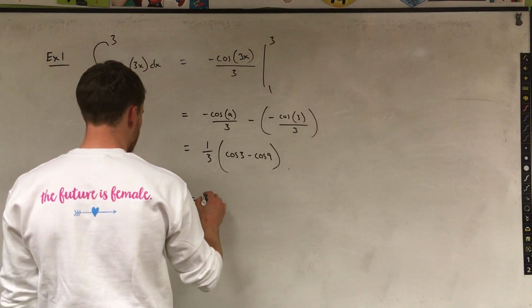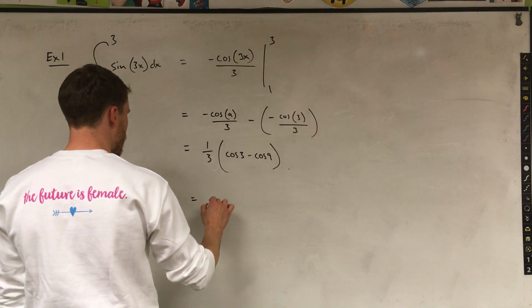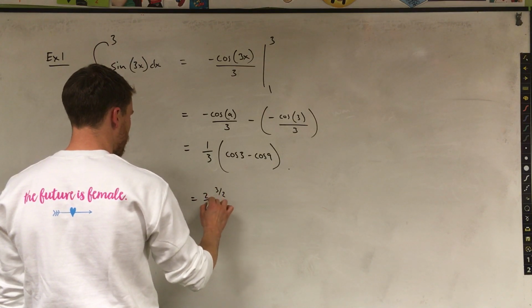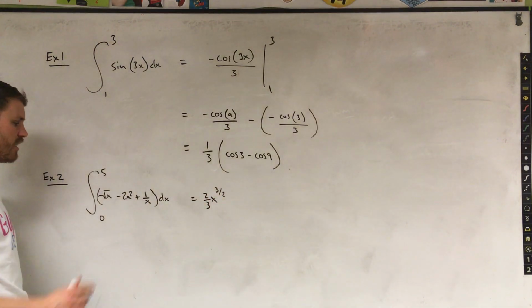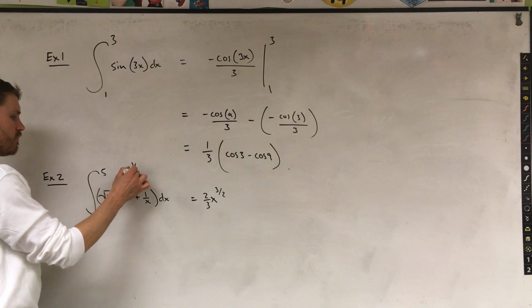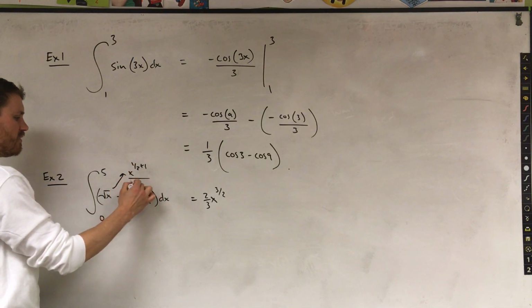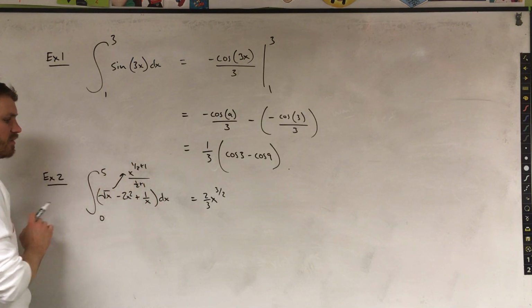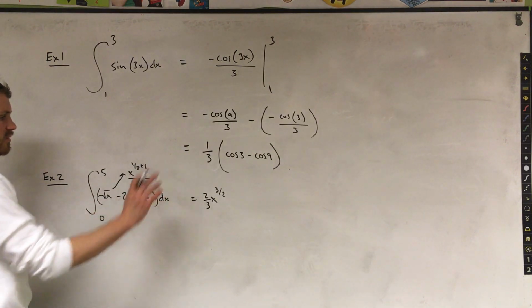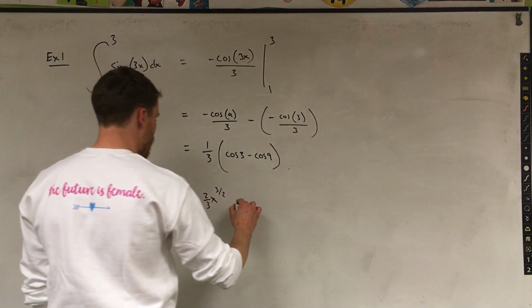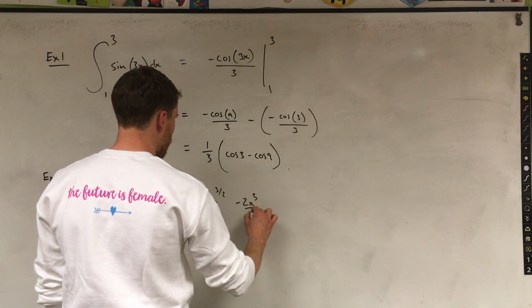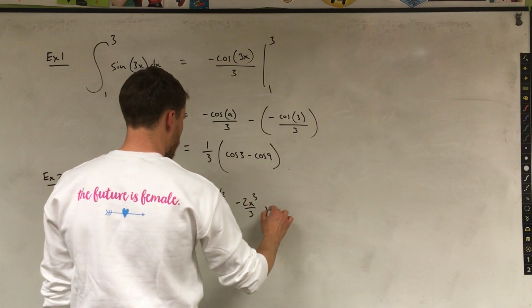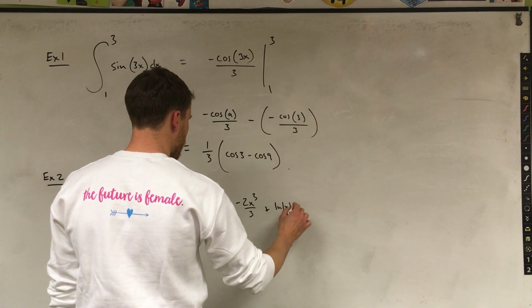So we should get x to the 3/2 times 2/3. This is x to the 1/2, right? So if you add 1 to that and then divide by the new exponent, you've got x to the 3/2 divided by 3/2, but that's 2/3 x to the 3/2. Then minus 2x cubed divided by 3, and then plus ln absolute x.